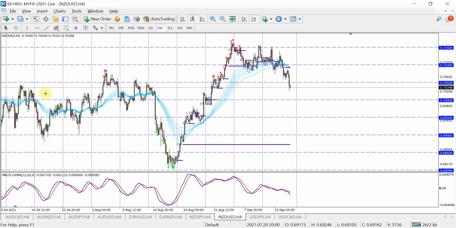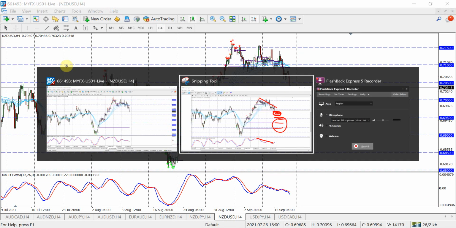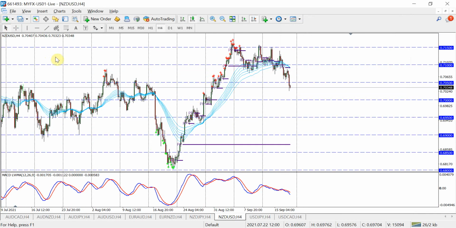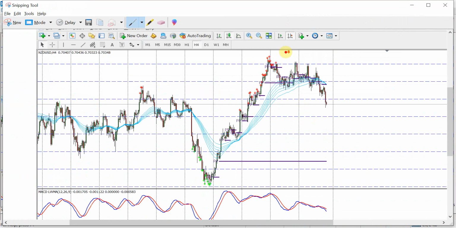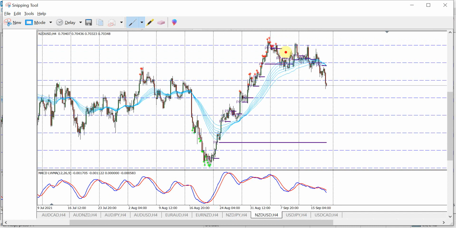Then you've got the New Zealand dollar, US dollar. Again, very, very similar. You've got your oversold, higher highs, MACD straight down, area of consolidation, breakout, the moving averages starting to fan out.